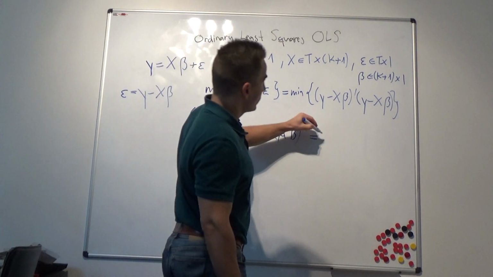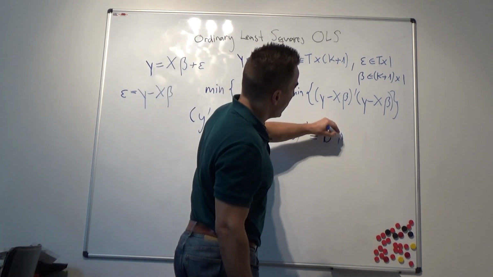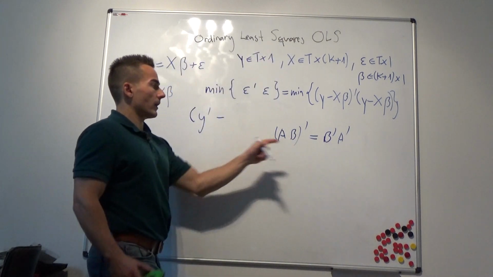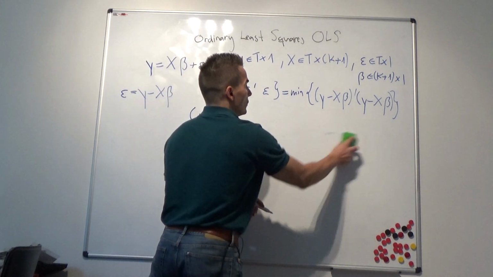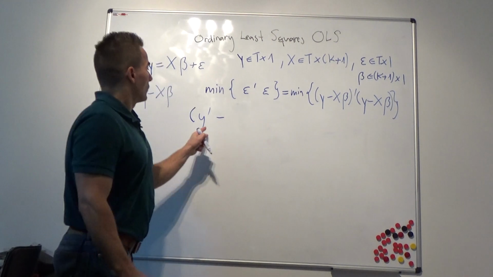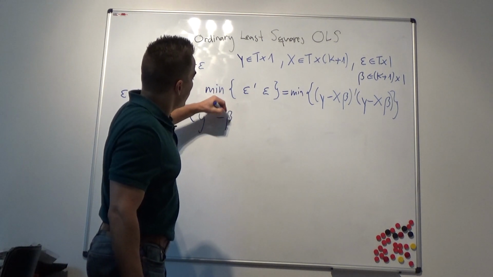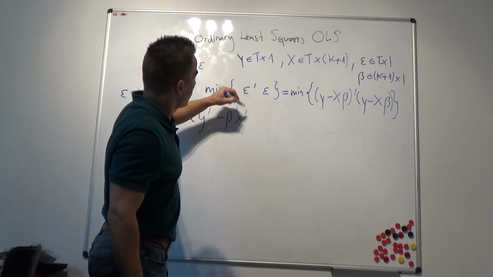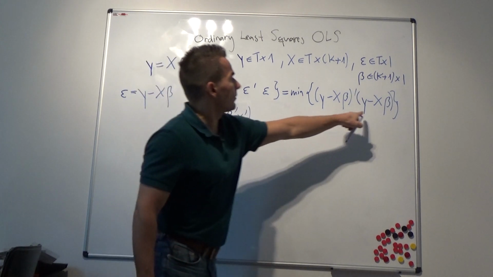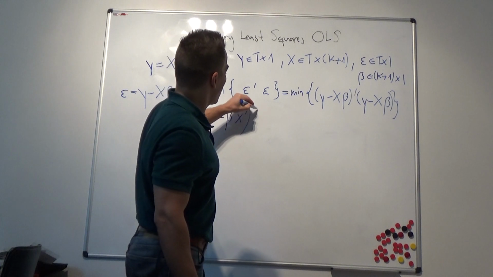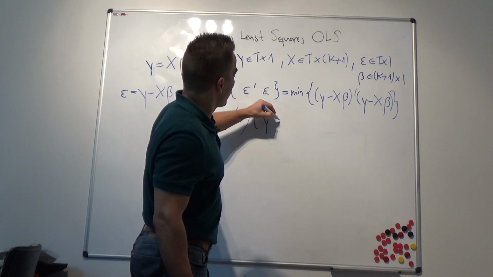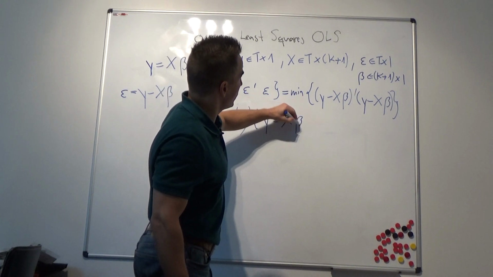So this is basically B transposed A transposed. So we apply this simple rule here as well. So what we have then is beta transposed X transposed, times what we have here, y minus X times beta.